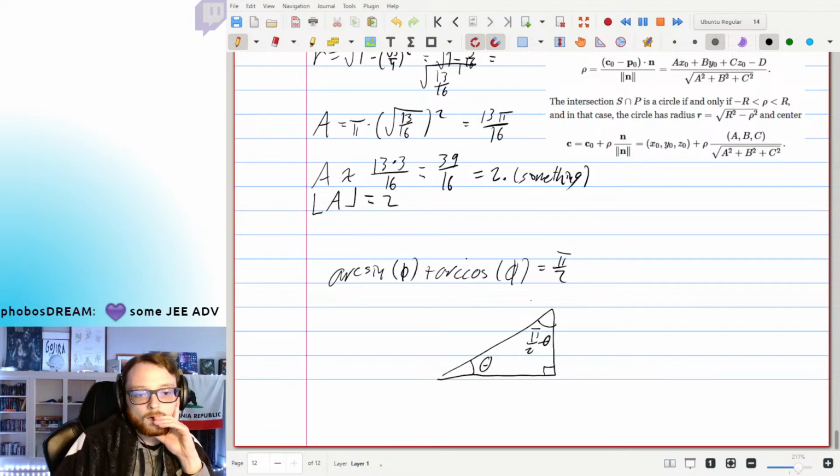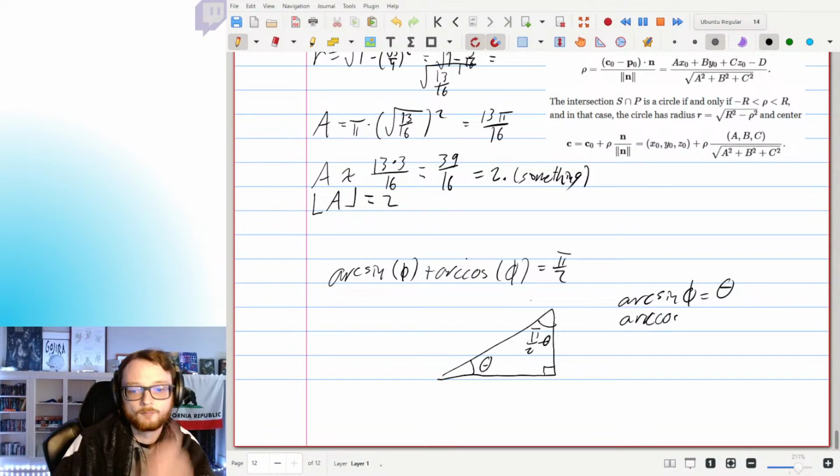So if arcsine of this triangle is equal to theta, then arccosine is equal to pi over 2 minus theta. And so if you add them up, the thetas cancel.